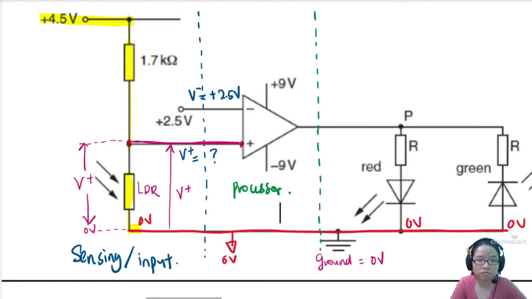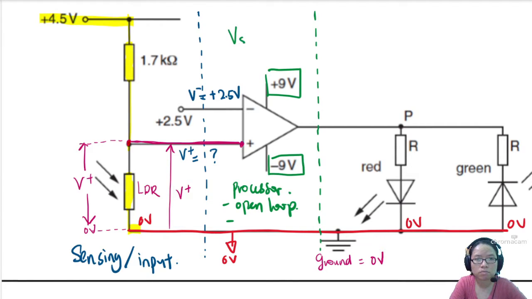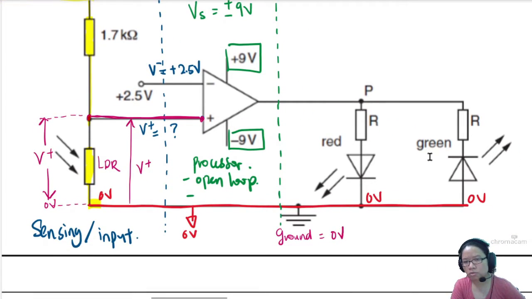So this processor, first thing you notice is open loop. Very nice. Second thing you notice is your VS. This is your VS, meaning you will saturate at plus minus 9 volt. The saturation potential will be plus minus 9 volt for your V out. So I will write this here in case I forget.